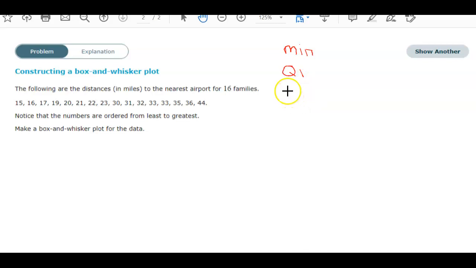We're going to have the median. One of these days, we're going to get this writing tool to cooperate. We're going to have Q3. It's actually a small 3 down there, you guys, and it's actually a smaller 1 subscript there. And then we're going to have the maximum.